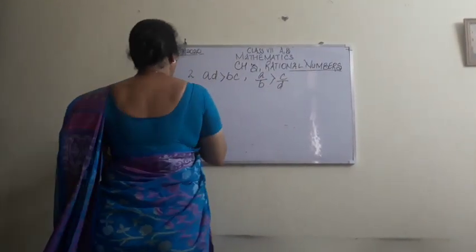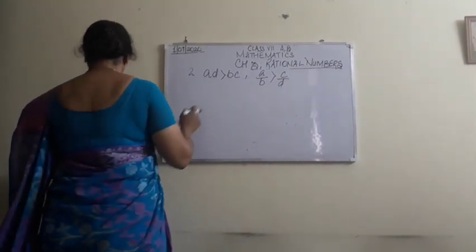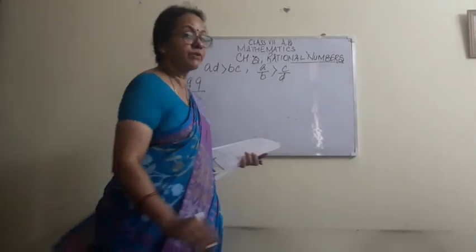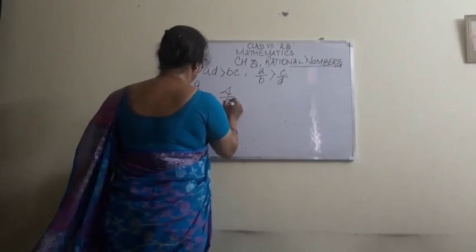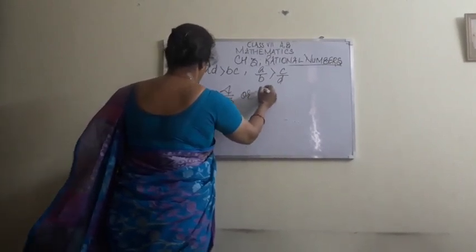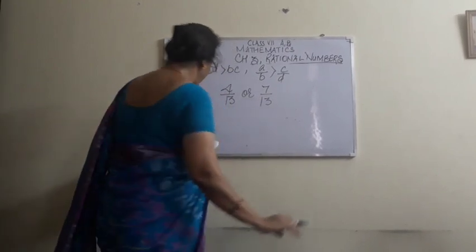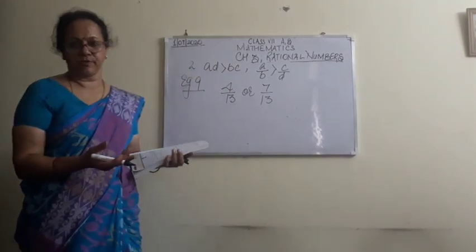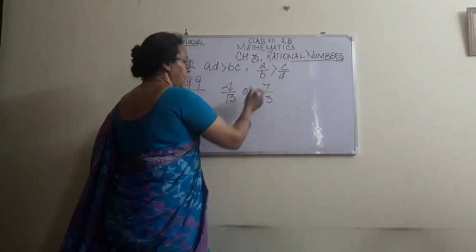Okay, so now we will see example number 9, which is smaller. You have two rational numbers, 4 by 13 and 7 by 13. You are comparing these two rational numbers. Because their denominators are the same, we will look at the numerators, 4 and 7.